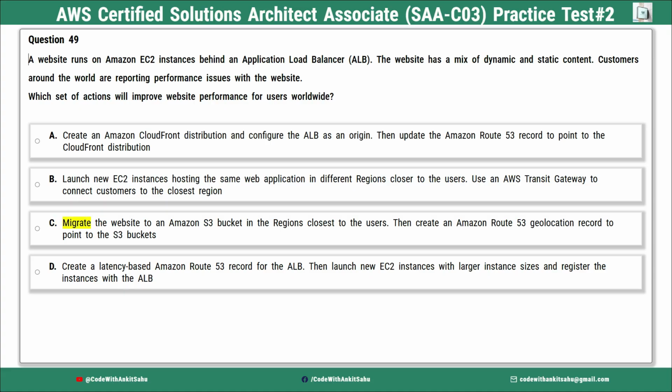Option C. Migrate the website to an Amazon S3 bucket in the regions closest to the users. Then create an Amazon Route 53 geolocation record to point to the S3 buckets. Option D. Create a latency-based Amazon Route 53 record for the ALB. Then launch new EC2 instances with larger instance sizes and register the instances with the ALB.